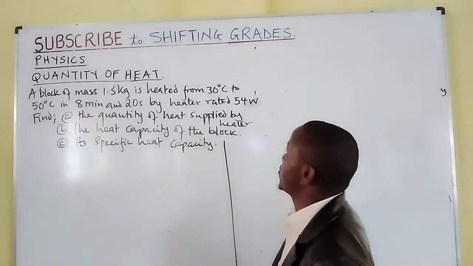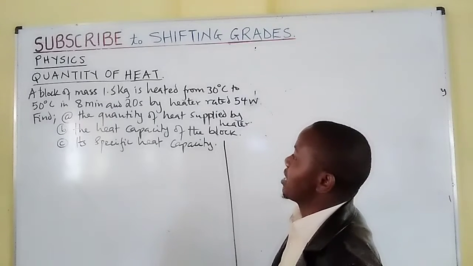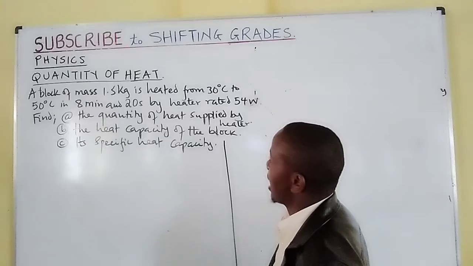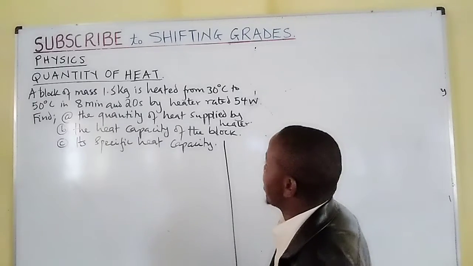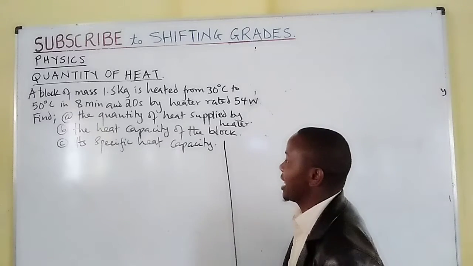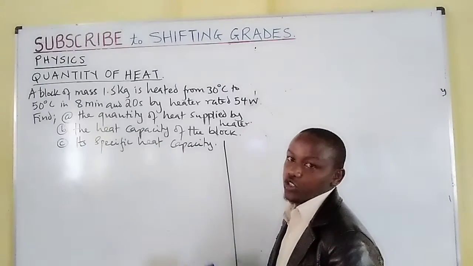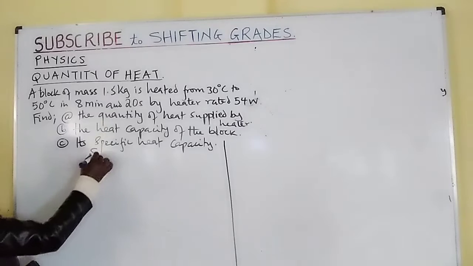Watts is the SI unit for power. Then find the quantity of heat supplied by the heater, the heat capacity of the block, then the specific heat capacity. So we can go straight to the solution of the question. Solution.